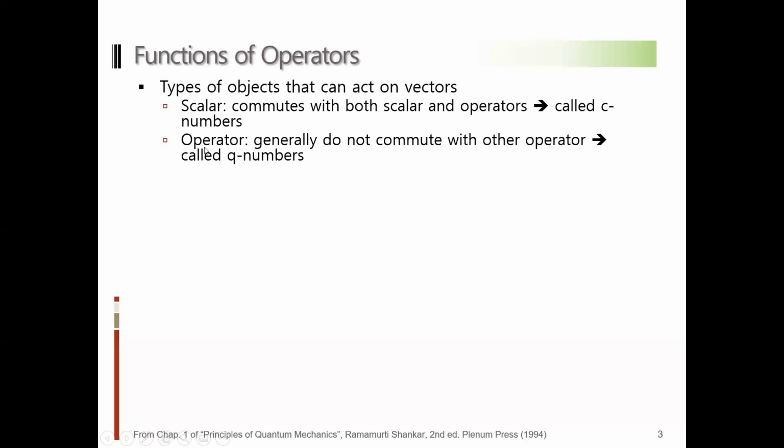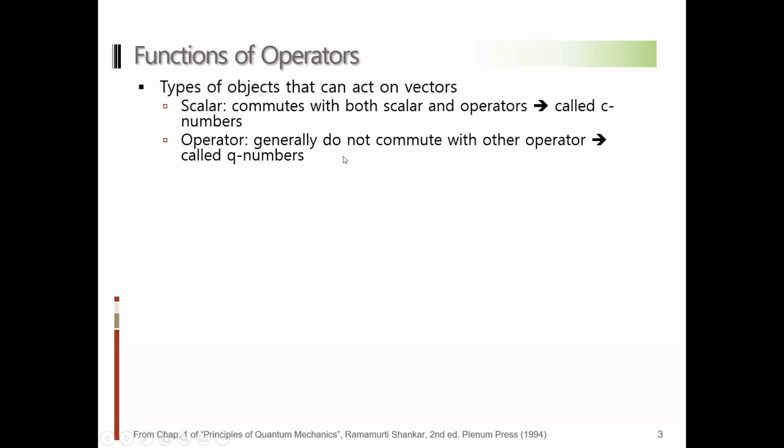Sometimes you can exchange the multiplication of operators, and for that case we say that two operators commute with each other. But in most general cases, they do not commute. So even though an operator is not a number, we generalize the concept of the number, and we call the operators Q numbers.